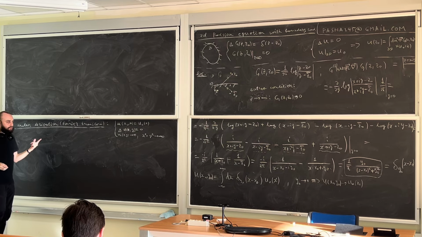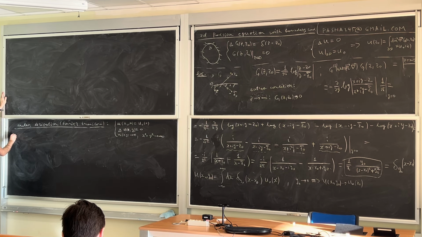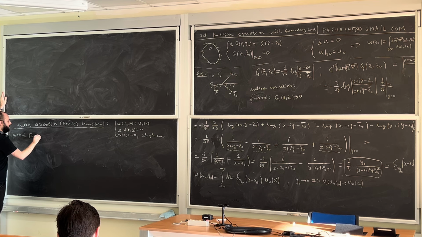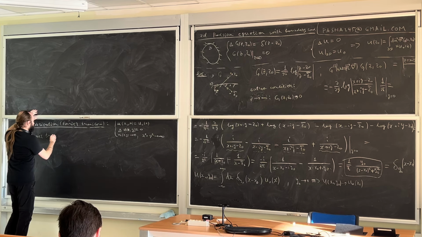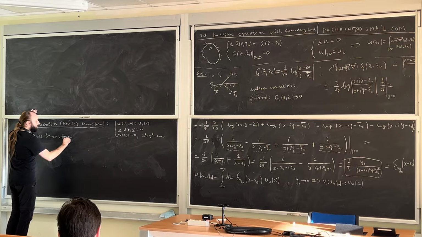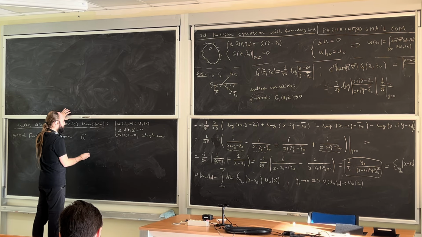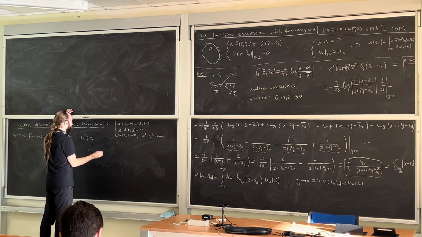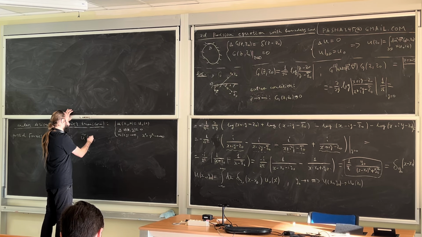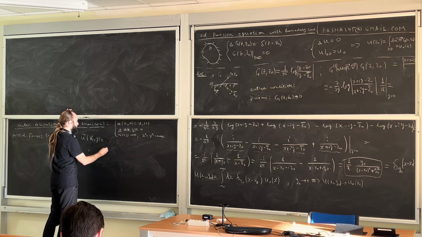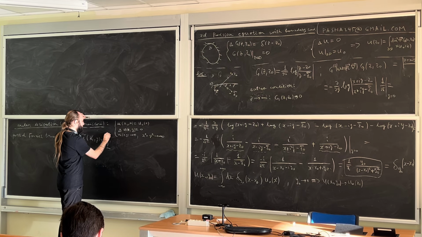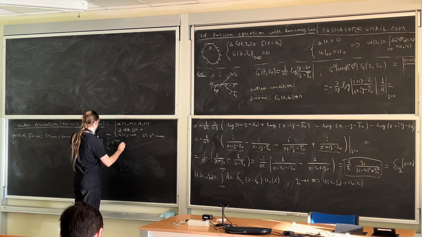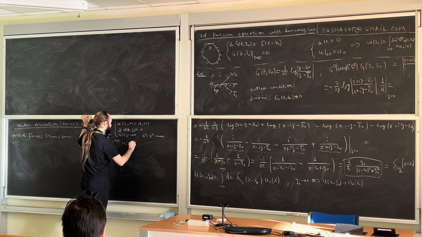So if we want to solve this equation, we can perform a partial Fourier transform in the x direction. u tilde of k y is the integral from minus infinity to plus infinity of e to the minus ikx times u of x y dx.